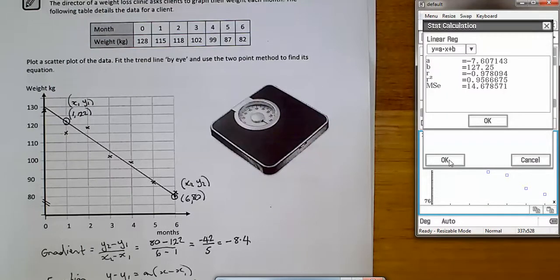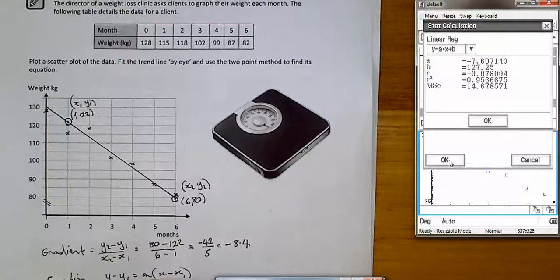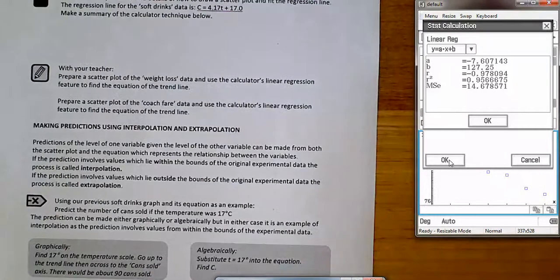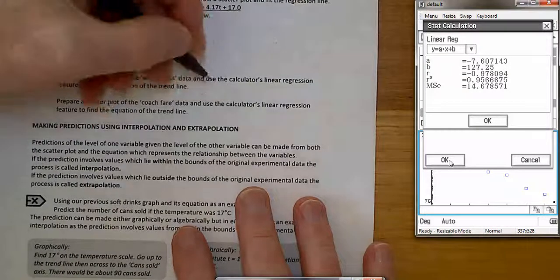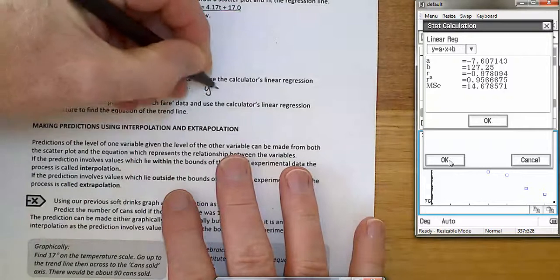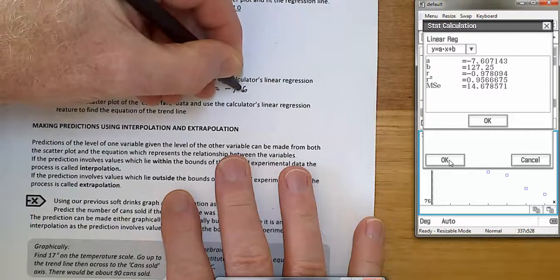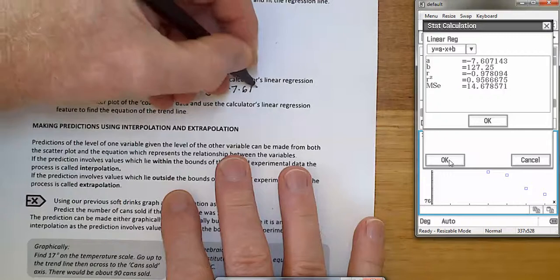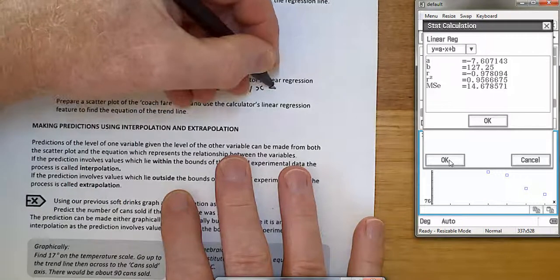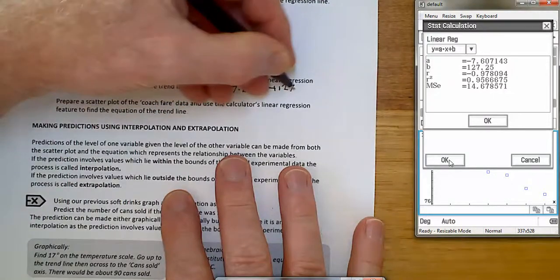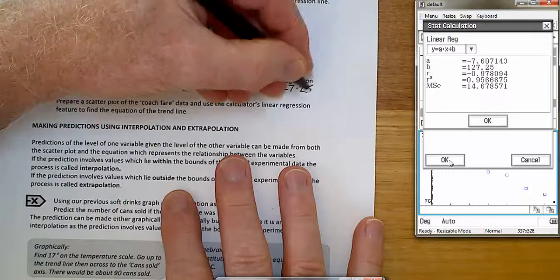Now the calculator has said, using a sophisticated regression technique, the relationship is, I'll write this down, for the weight loss data, y equals negative 7.61x plus 127.25.